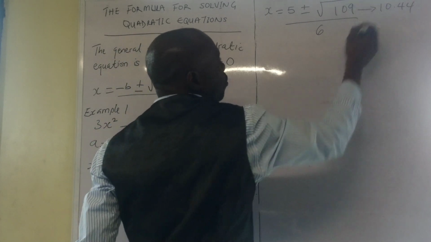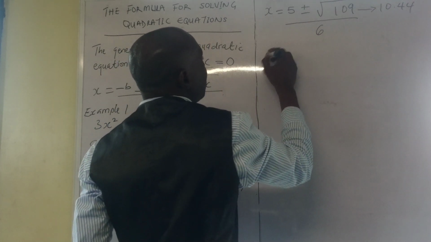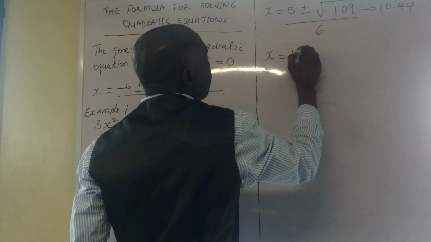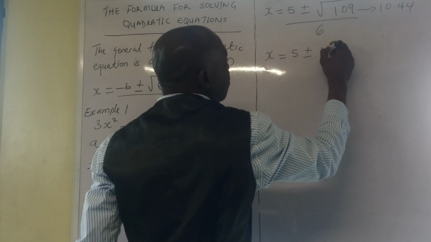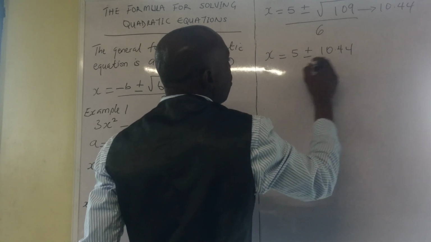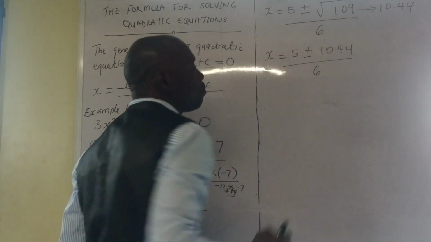So we now put it like this: x equals 5 plus or minus 10.44 all over 6.